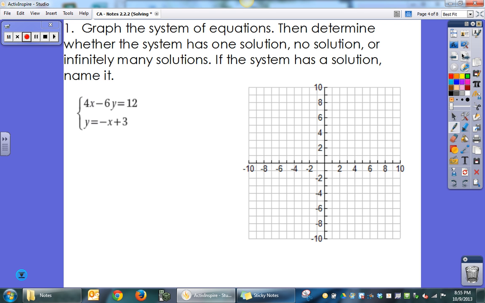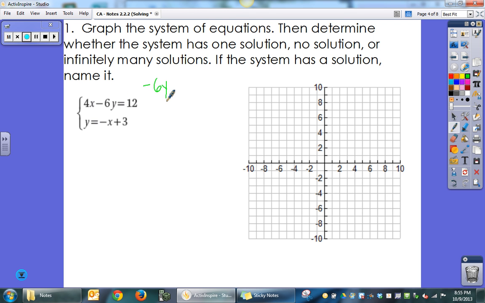Alright, so let's look at our first system of equations. Remember that when we graph, you are going to want to put your equation in slope-intercept form. So this bottom one is already done for us. So let's go ahead and put this top one in slope-intercept form.